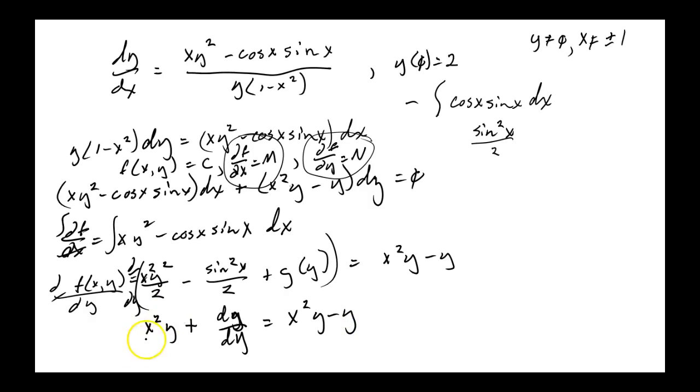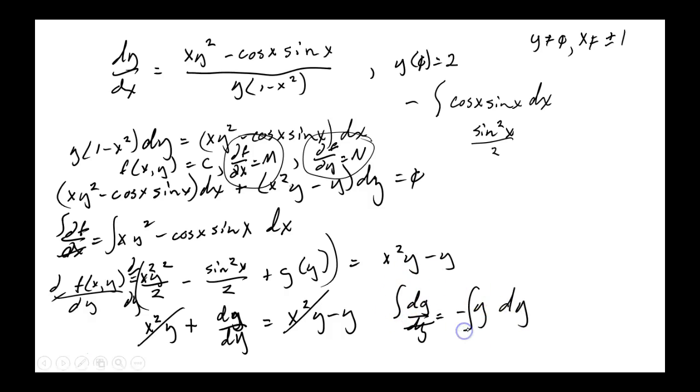Okay, guess what? There goes the x's. We had to get rid of those, right? And we did. Okay? Now, that leaves us with dg dy is equal to minus y. So let's write that in differential form.